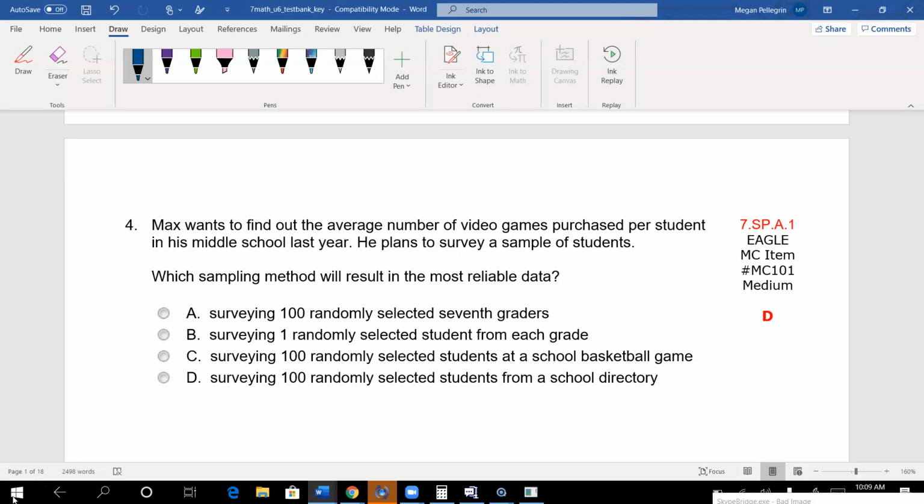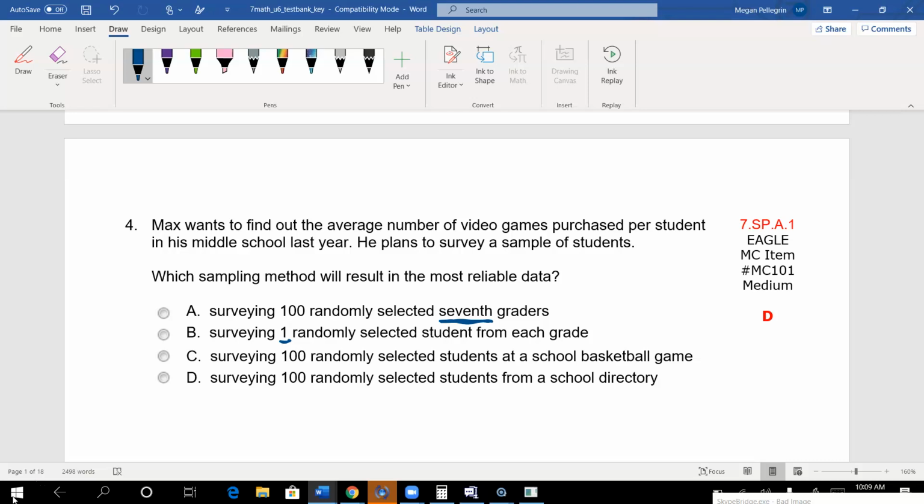A, surveying 100 randomly selected 7th graders. That would be biased because it would only be including the 7th graders. B, surveying one randomly selected student from each grade. So one is not enough people to survey.